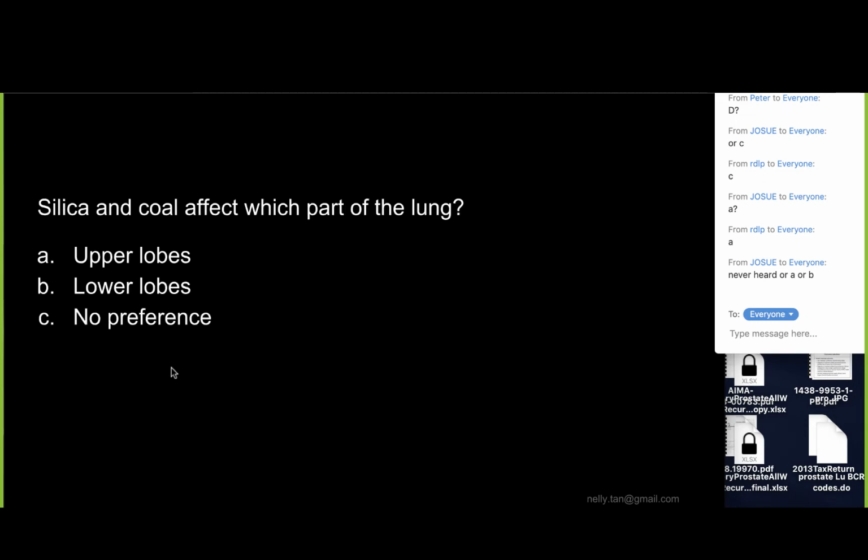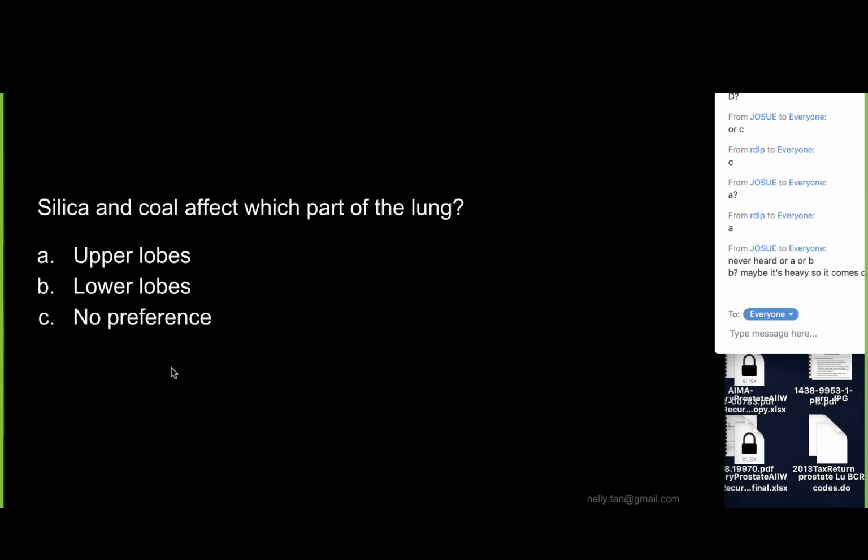Silica and coal affect which part of the lung? Upper, lower, or no preference? Silica and coal affect which parts? Upper, lower, or no preference? B. Lower, okay. Maybe it's heavy, so it comes down.